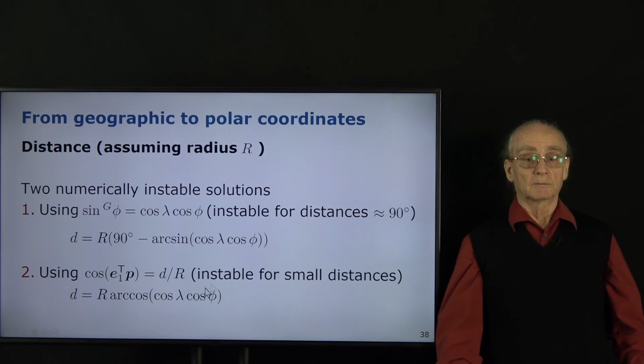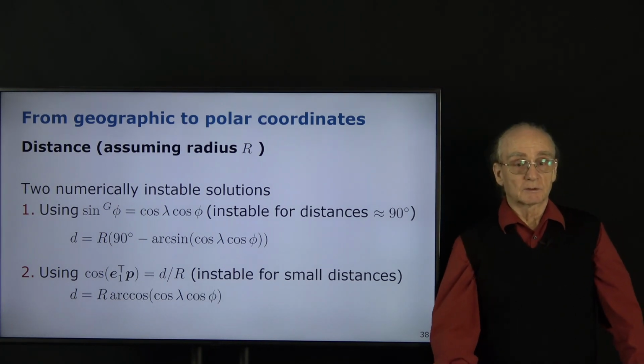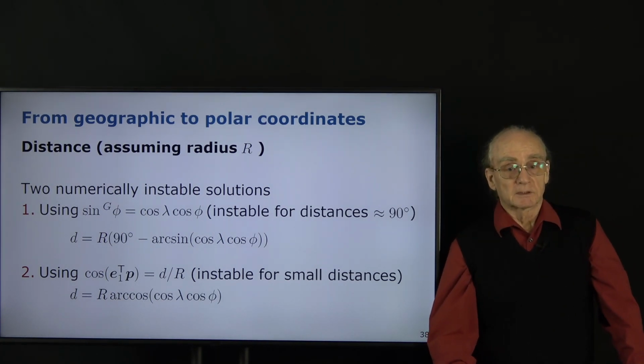So we would take the dot product of E1 and P, and this gives us this expression. Again, this is unstable for small angles, for small distances. So these are not good. These are simple equations, but they are not numerically stable for all cases.